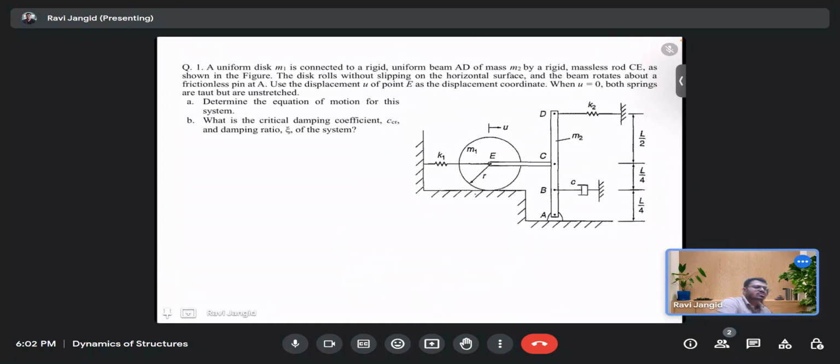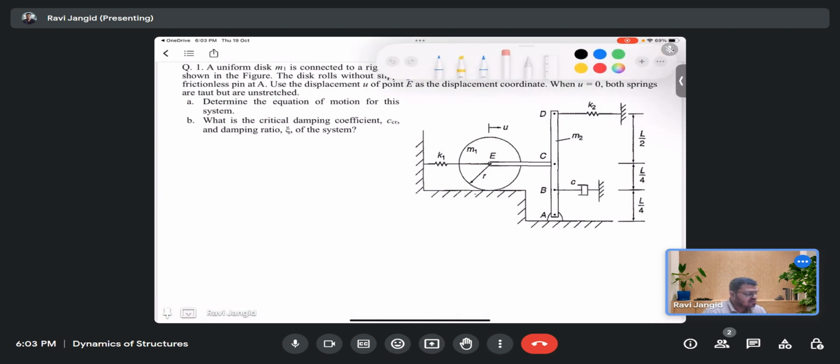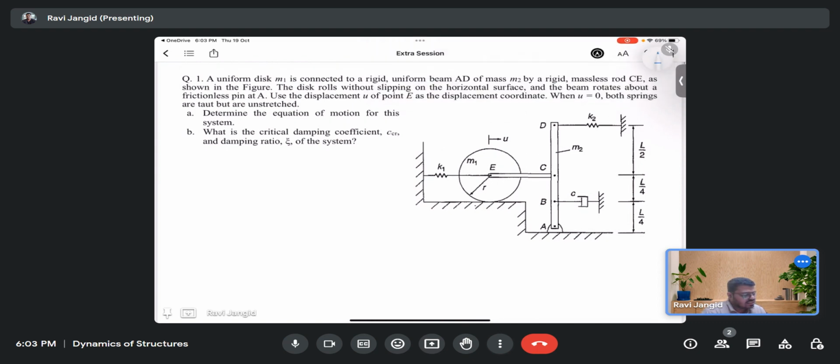Okay, so in this problem we will have a uniform disk whose mass is m1, and that disk is connected through a rod EC. This rod is connected to AD by a hinge.